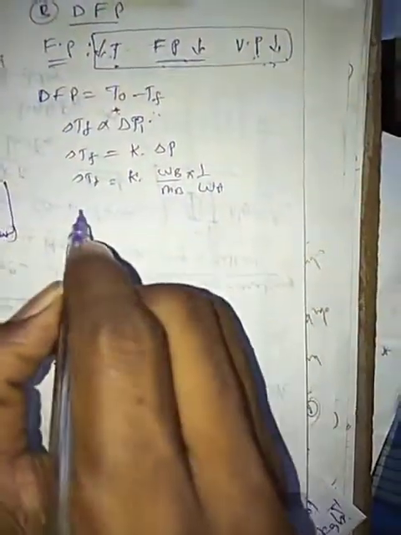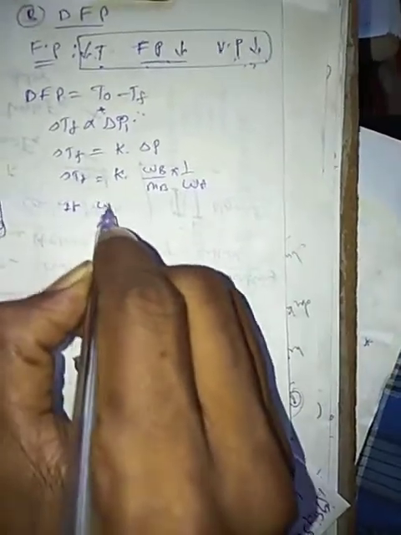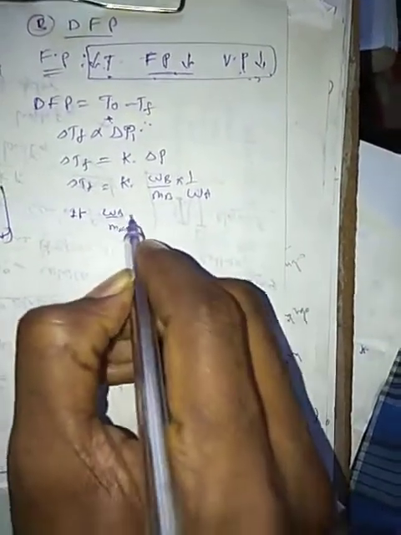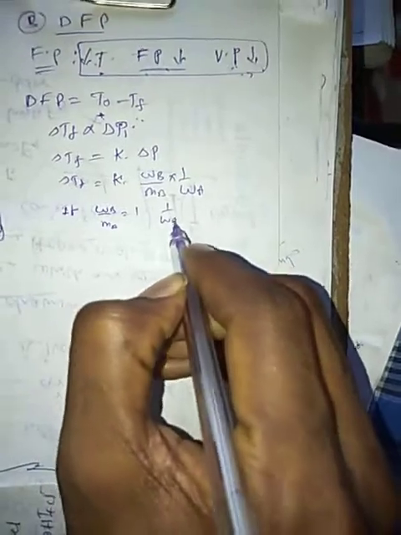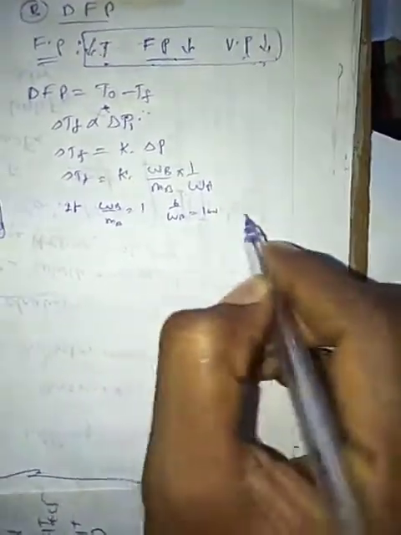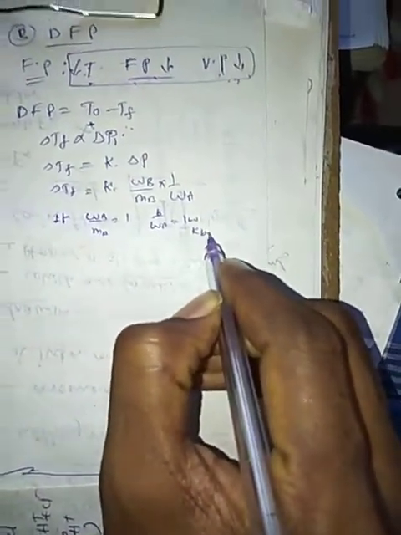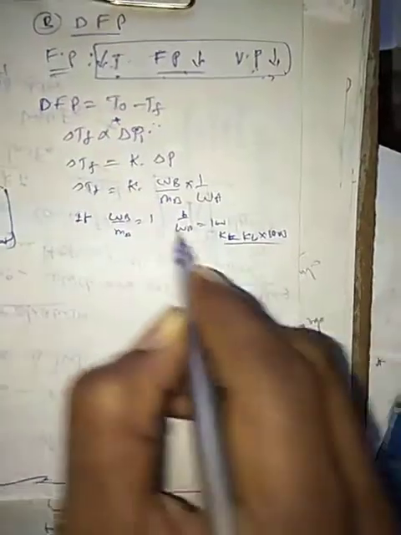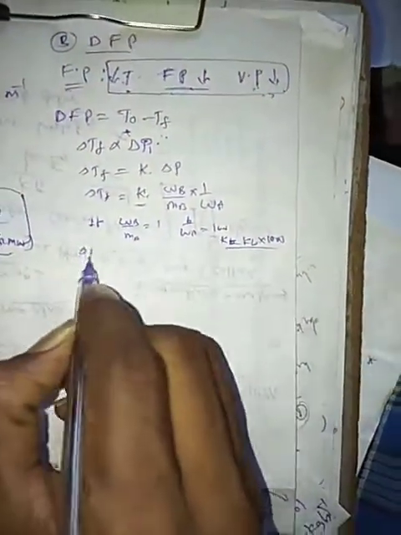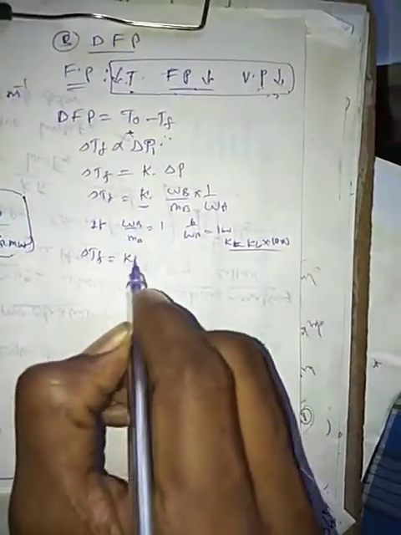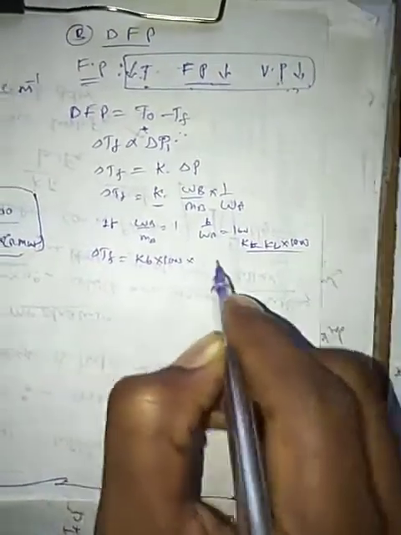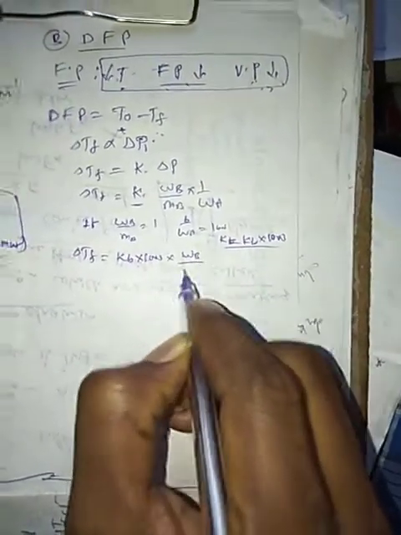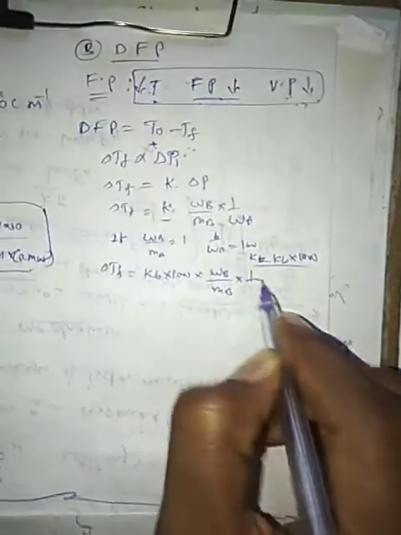From this equation, if WB by MB into 1 by WA is taken as 1000, then K is equal to Kb into 1000. Then if we substitute the value in place of K, delta Tf is equal to Kb into 1000 into WB by MB into 1 by WA.